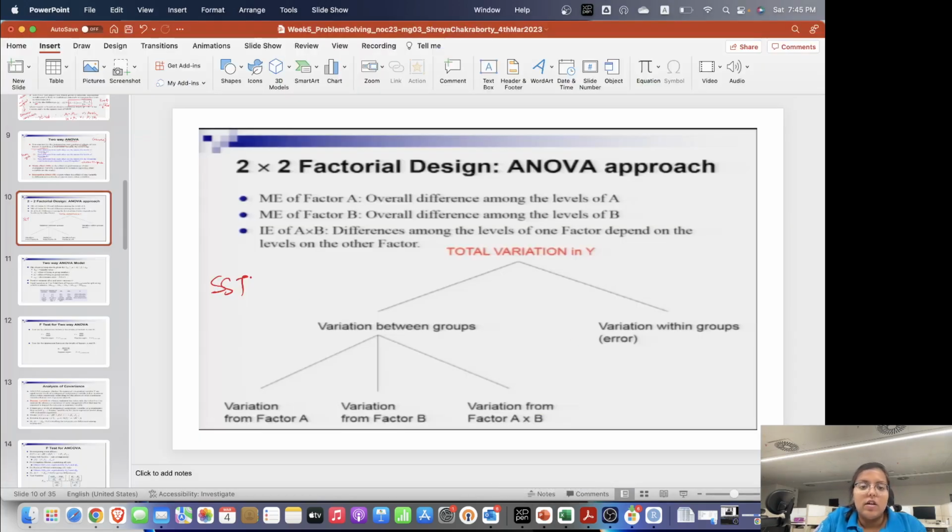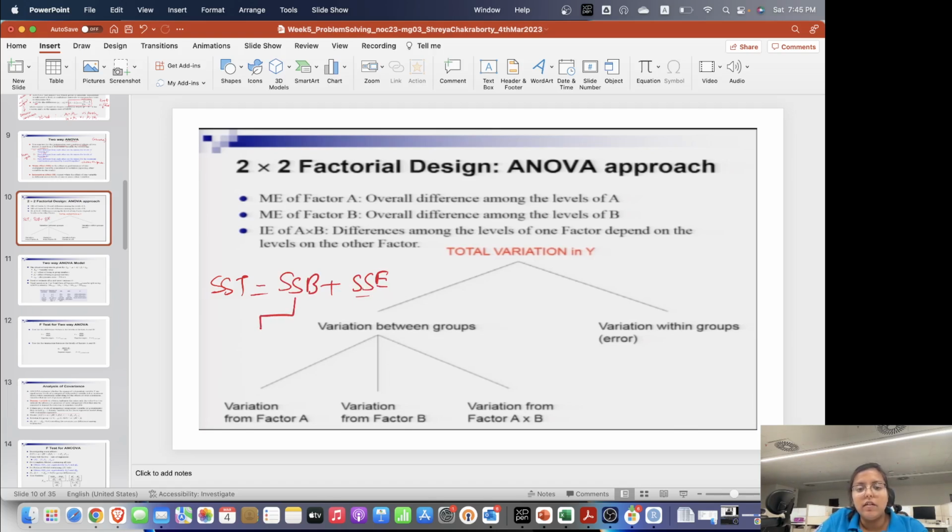Okay. So in the ANOVA approach, we would divide the variation into variation between groups and variation within groups, which we take as error.